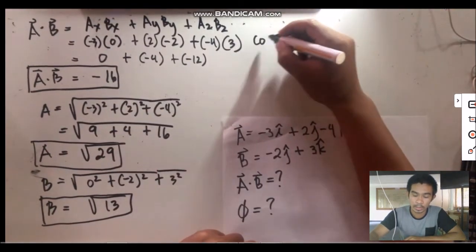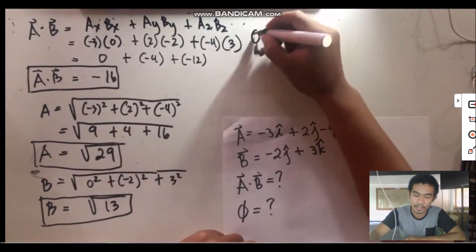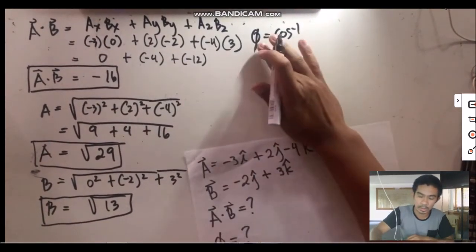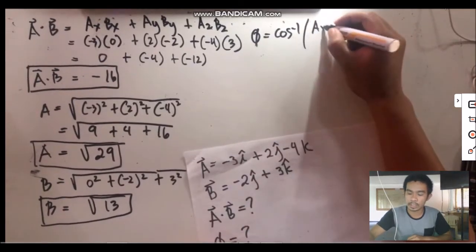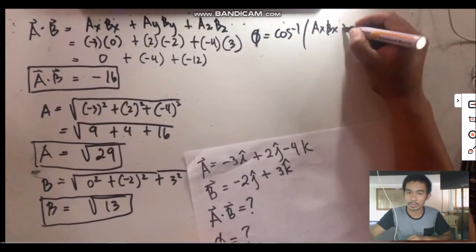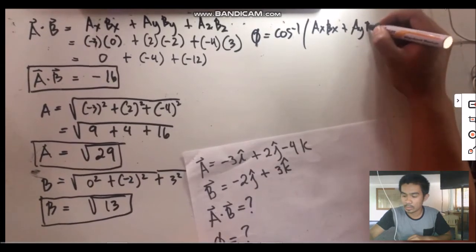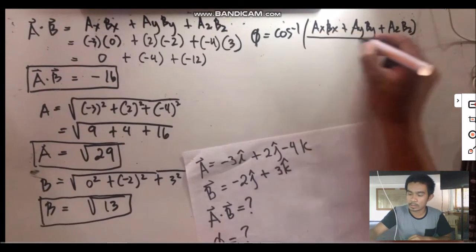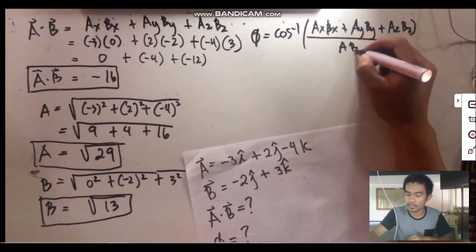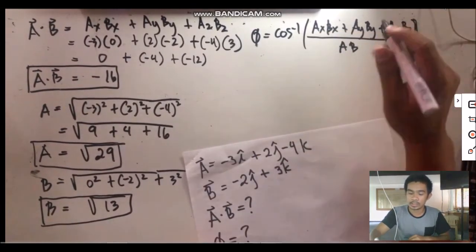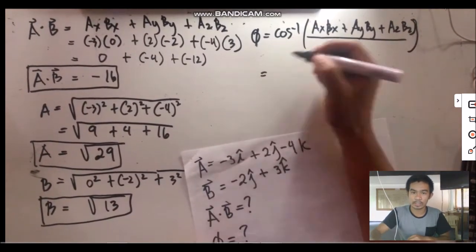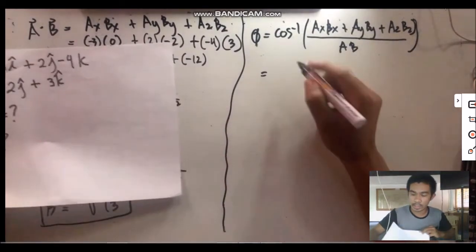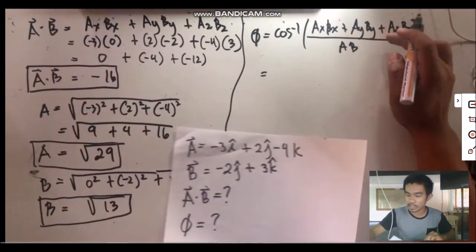So phi is the inverse cosine of (AX BX plus AY BY plus AZ BZ) all over the magnitude of A times the magnitude of B. So that is equal to, what is AX BX plus AY BY plus AZ BZ?